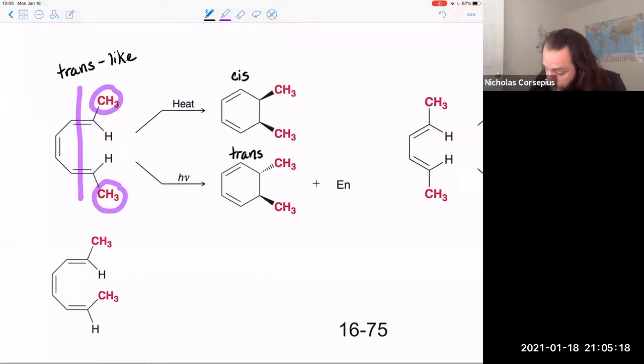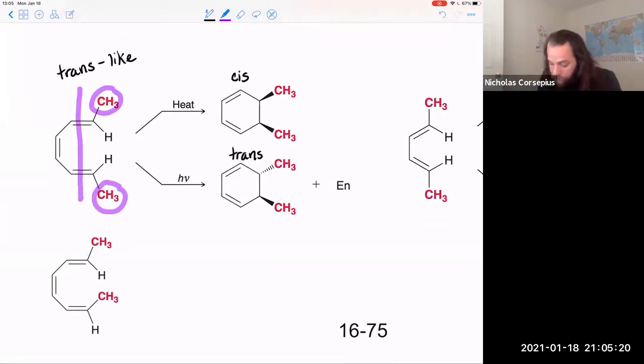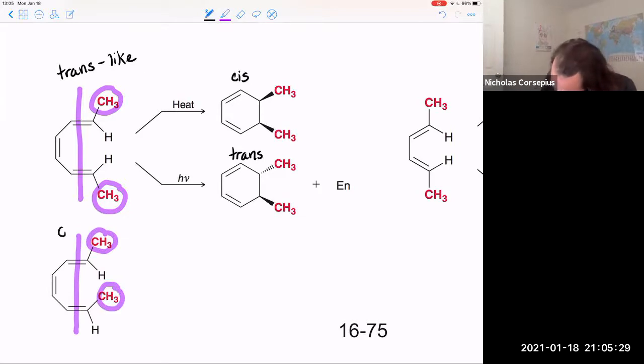Likewise, if we had the opposite stereochemistry, I'm going to do the same thing. I'm going to chop at that bond, and I'm going to notice that now those two groups are pointed in the same direction. We're going to call that cis-like. So this is a kind of made up stereochemical designation in order to categorize our starting alkene.